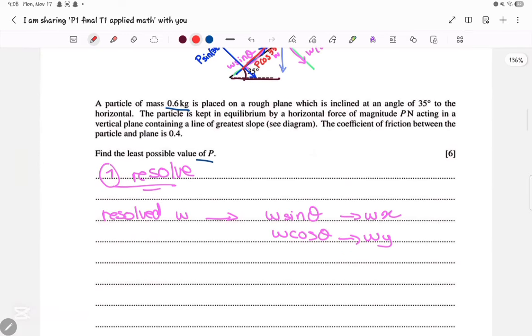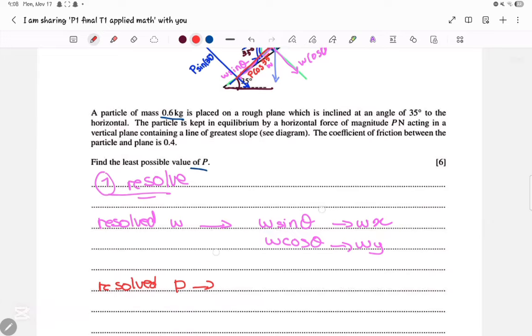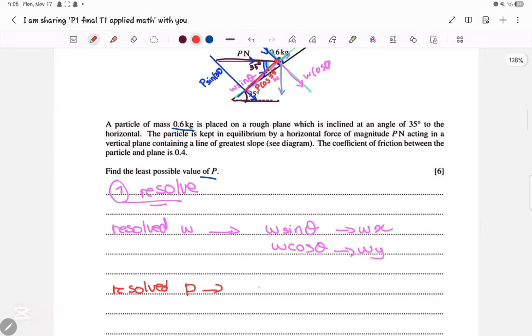So I resolved P. On the x-axis, P is P cosine 35, this is Px. And on the y-axis, it's P sine 35, this is Py.